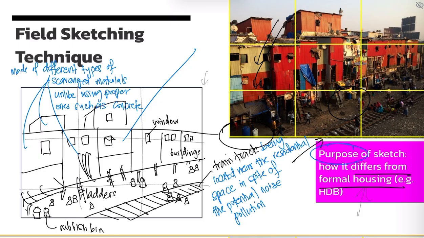Last part, I also like to highlight that even though there is a similarity here, that HDB estates are tall, it can go multiple stories, same thing here, but you can tell that the materials being the way that it is, the structure being the way that it is, it feels a lot more flimsy, viable for collapse. So that's something that I like to include.